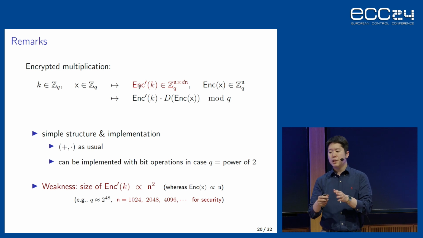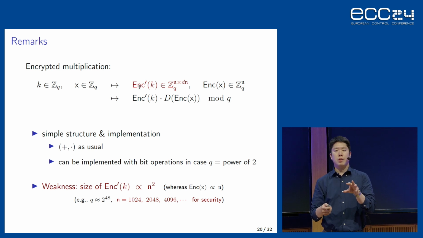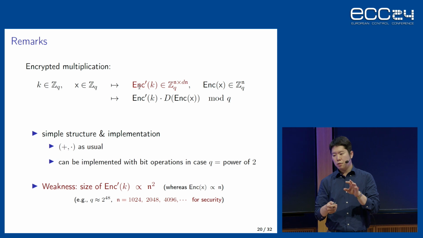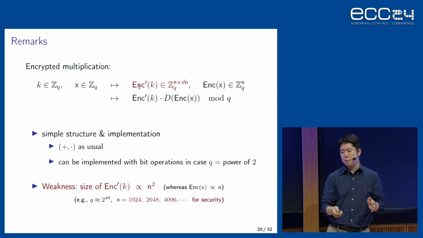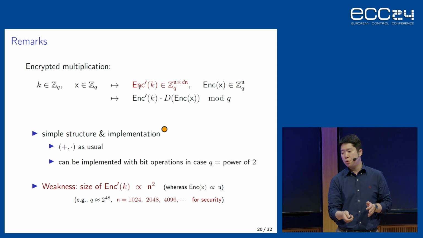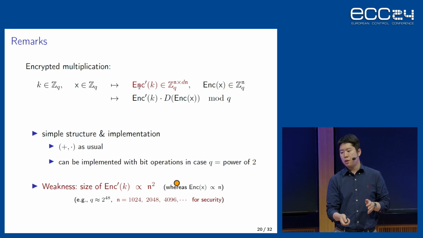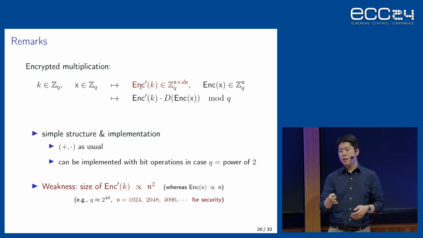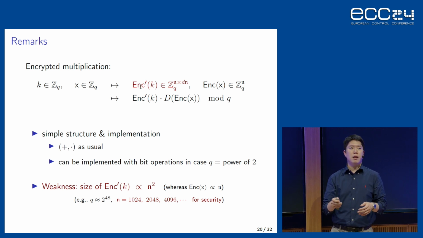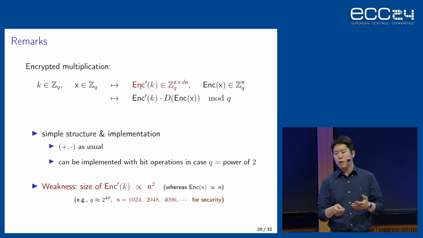In practice, because of security, the crypto system parameters are often required to be larger and larger. For example, the dimension n is chosen as 1,000 or 2,000, because of security. But depending on this security level, the size of the matrix increases quadratically, with the scale n squared.